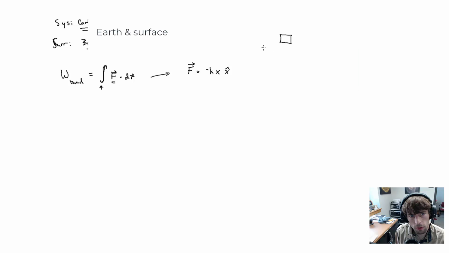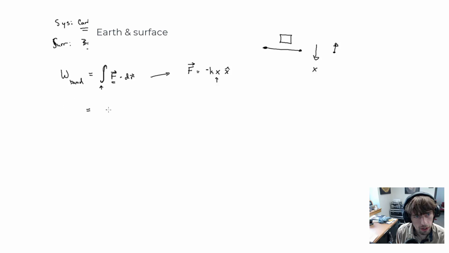Okay. So what we'll do is, we have the overhead view. Here's our system and our surroundings, cart and the rubber band. I'll call this direction the positive x direction. This x represents how much the rubber band is being stretched by as the cart hits it. Let's substitute in some stuff. The force acting on the cart will be in the negative x direction. The displacement will be in the positive x direction.